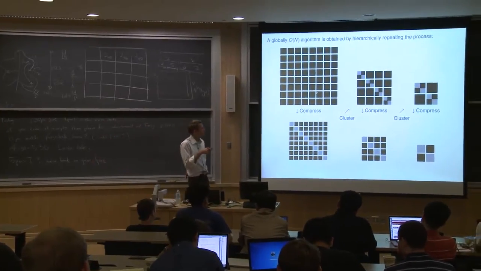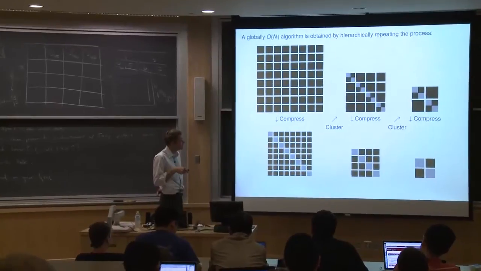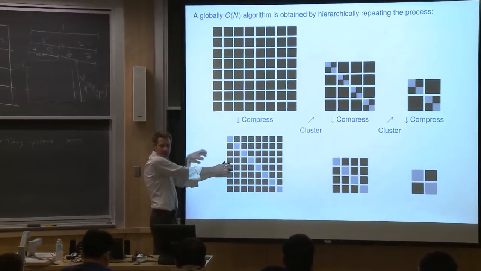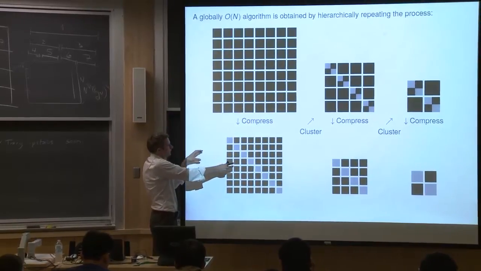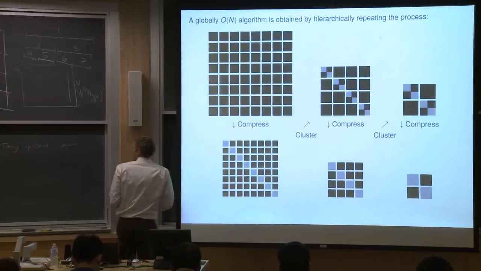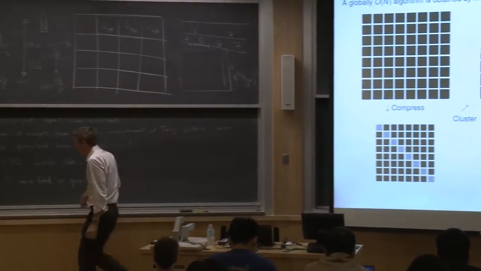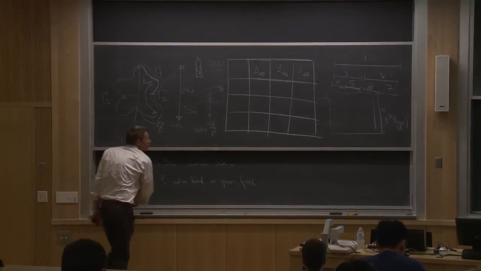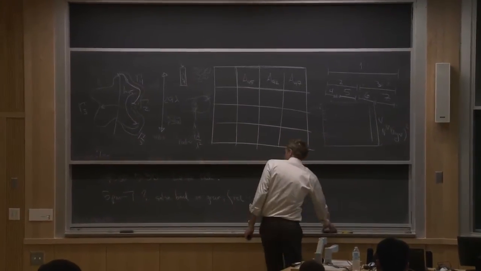So we do this compression scheme that we just described. And now what I'm going to do is I'm going to merge these blocks. I'll take these blocks, and now I'm going to merge them in pairs.